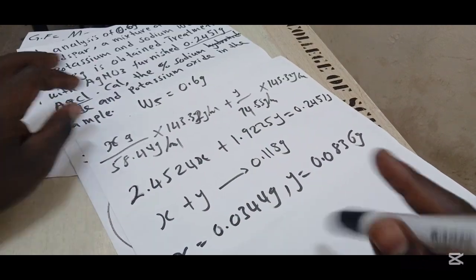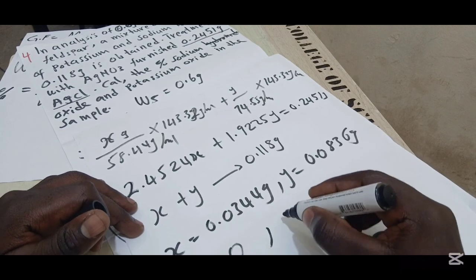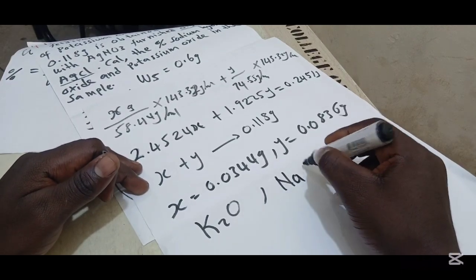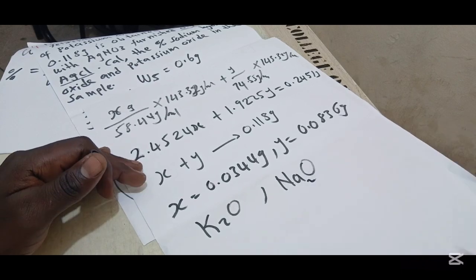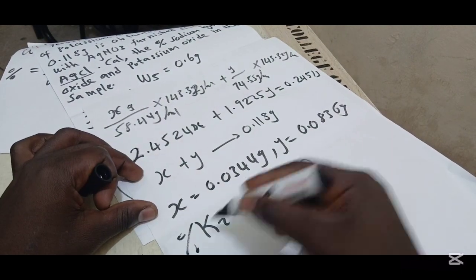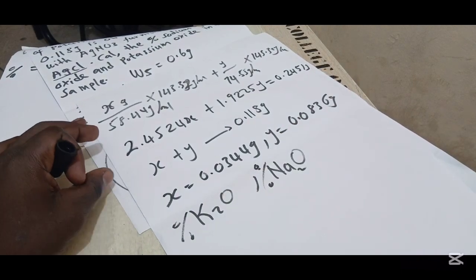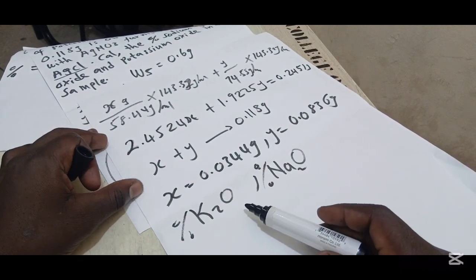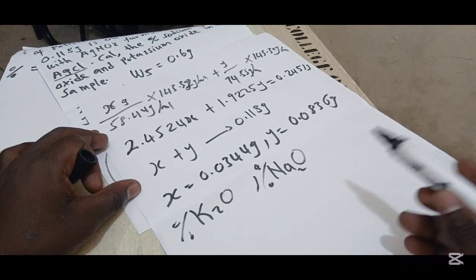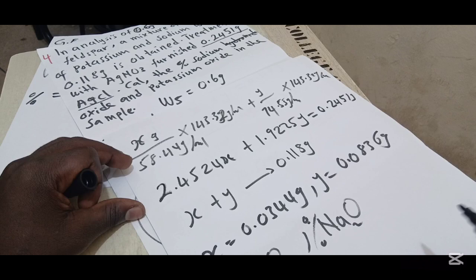Our interest is to look for potassium oxide and sodium oxide percentage. Before we can calculate the percentage of potassium oxide or sodium oxide, we need to know its mass. Then we use the mass of the whole sample to calculate the percentage.